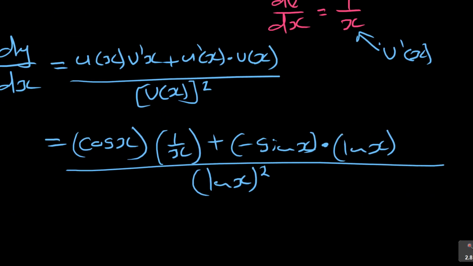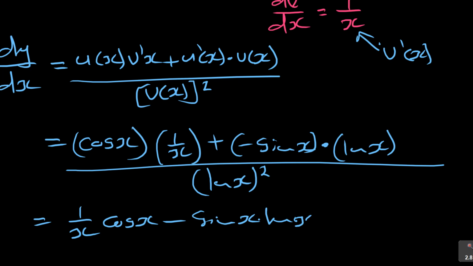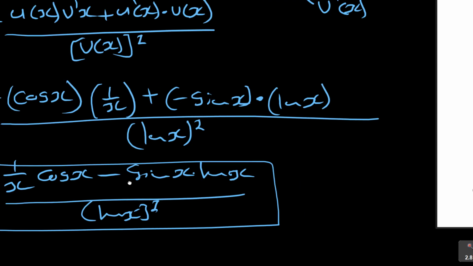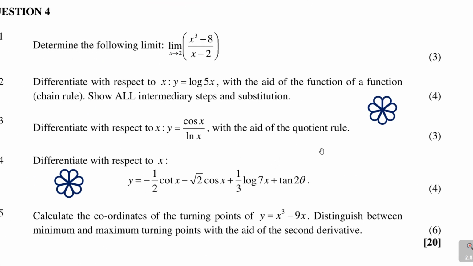And then you can simplify this further, but I think that's it. So it's 1 over x cos x minus sin x ln x, over ln x squared. Yeah, that's done. I think the top answer can be enough here. Maybe that's why it's just 3 marks.